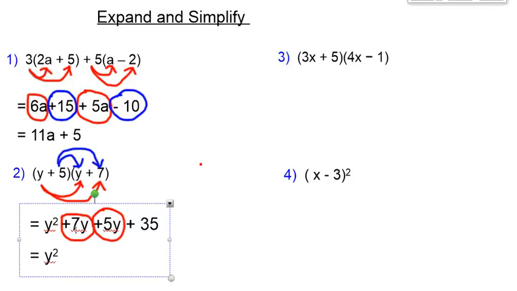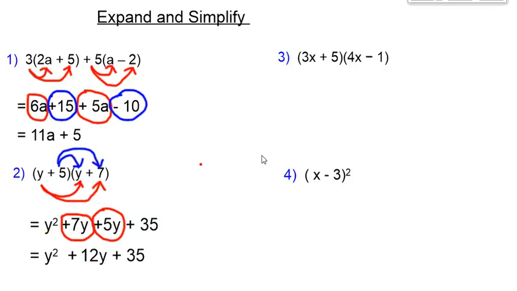If you look at the left of it, that gives us plus 12y. And then the plus 35 remains the same. Now we've got another 2 marks here.